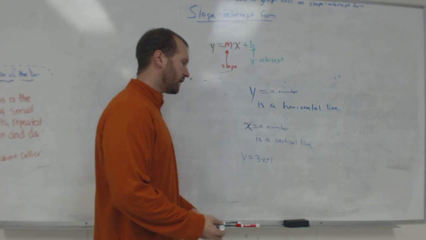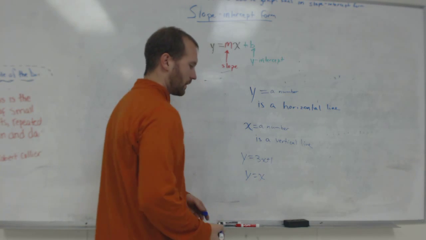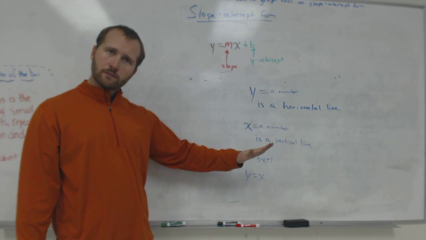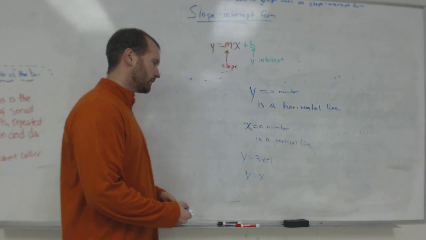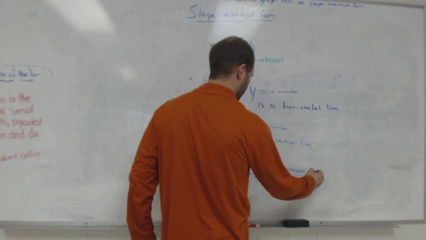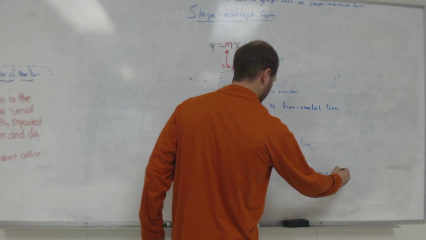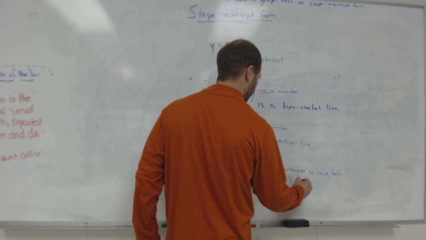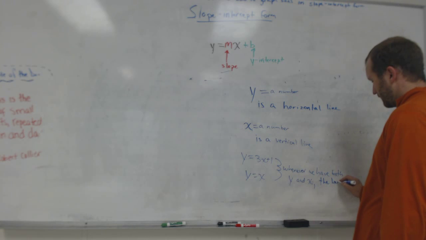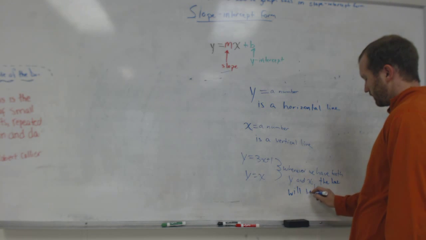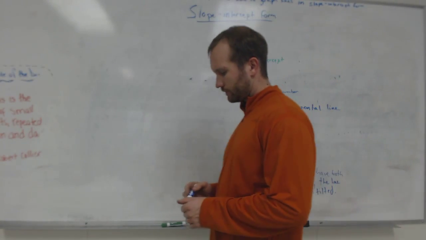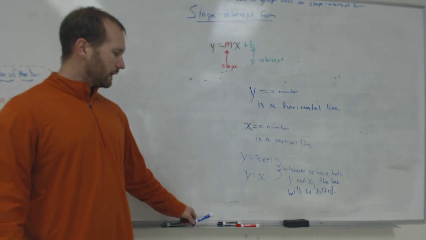Even if I just have y equals x, that is going to be a line with some slope to it, a tilt, because it has both y and x.